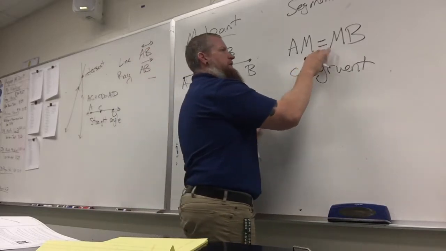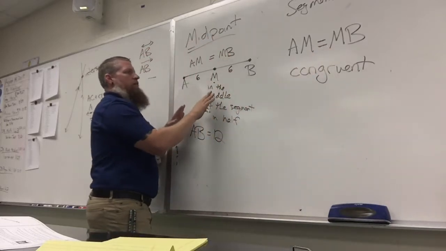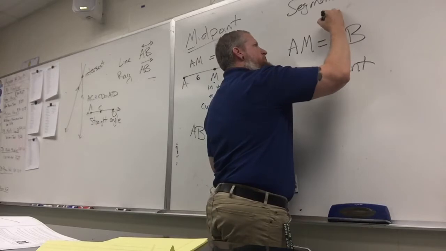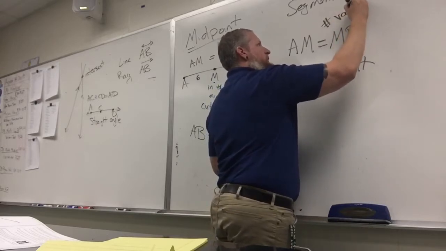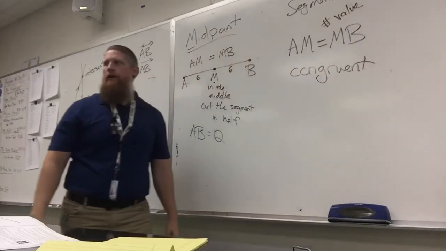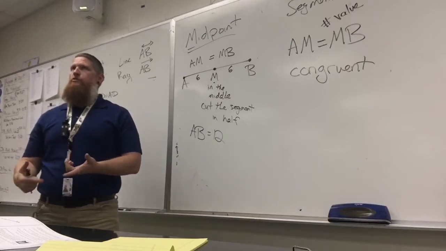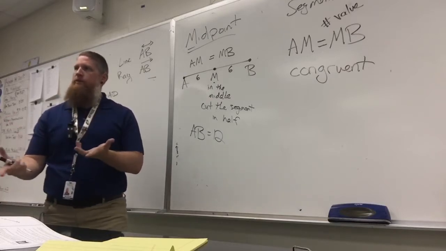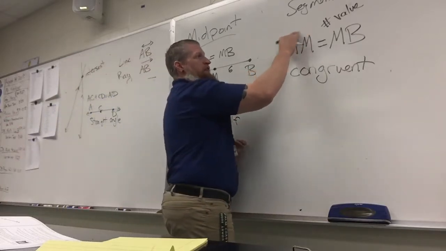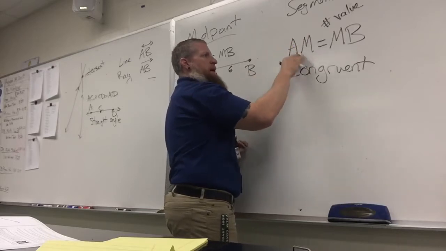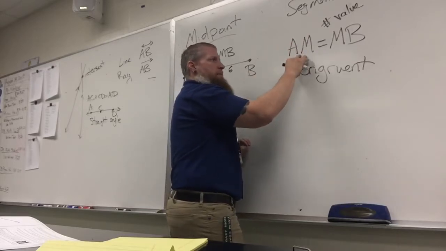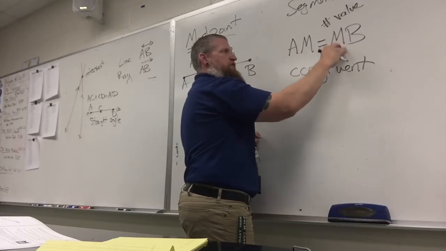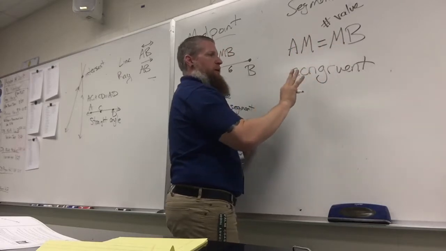The equality thing, like what we have here, equals always goes with the number value, okay? Whereas congruency is you talking about the actual shape that's there. Remember, if I don't have a line on top of this, this is saying that the measure of segment AM equals the measure of segment MB. And measurements are all number values.